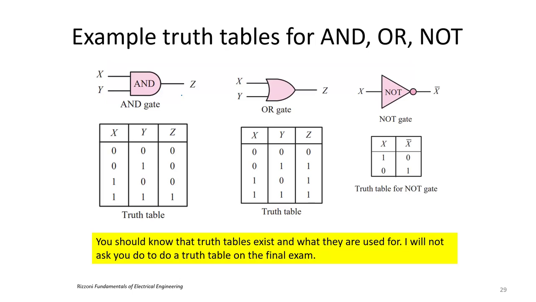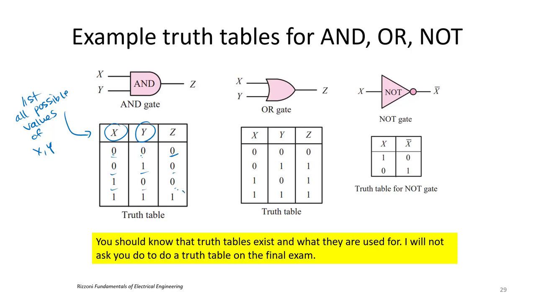For example, here, suppose I wanted to make a truth table for AND, OR, NOT gates. Basically, in a truth table, you list all the possible values of the inputs, x and y. So if both x and y are 0, then my z is 0.